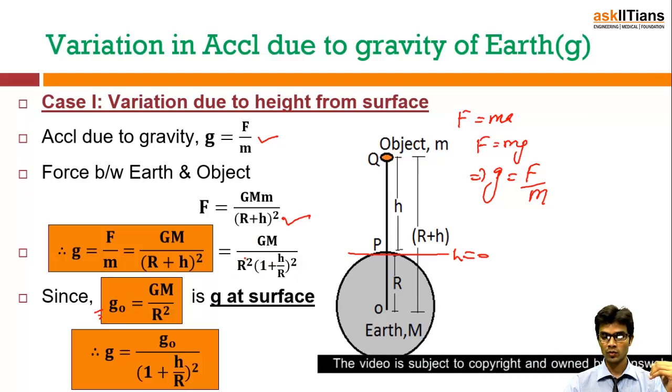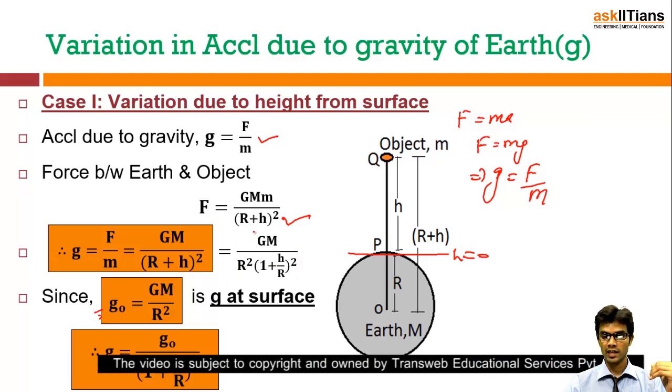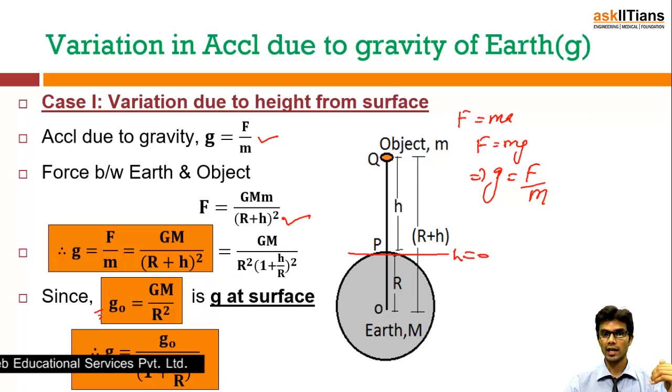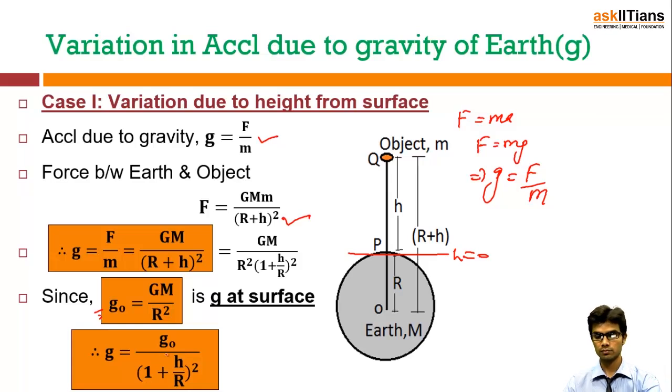GM by R square can be written as g naught, that is g at the surface. So g at height h is equal to g naught divided by (1 plus h by R) whole square. This is the general formula for g at height h from the surface of the earth.